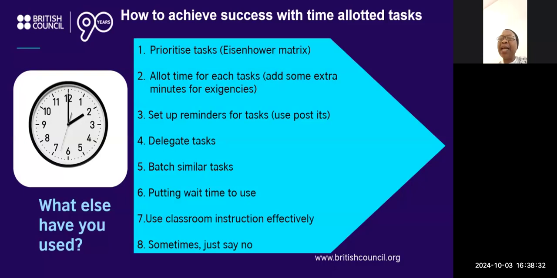So we should allow children at their own times and levels to contribute ideas in the classroom. This will enhance fast comprehension of lessons. So these are some of the things we can do in the classroom to manage time effectively so we can achieve our goals quickly.